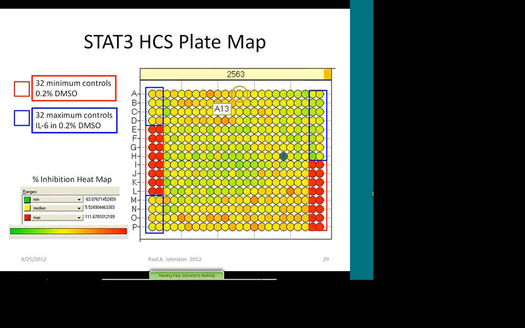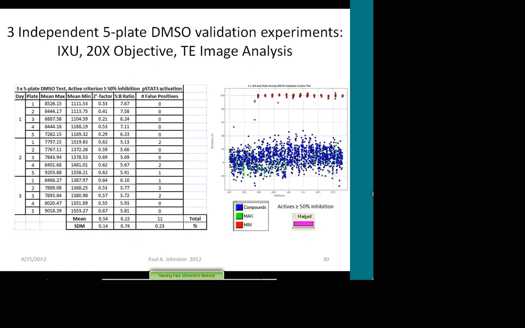This is how we set up our plates for the screen. We had 32 minimum controls that received 0.2% DMSO and 32 maximum controls that received IL-6 and 0.2% DMSO. And of course, all of the compound wells also received the IL-6. And so this is just a heat map of the plate. This is the data from our 5-plate DMSO validation experiments.